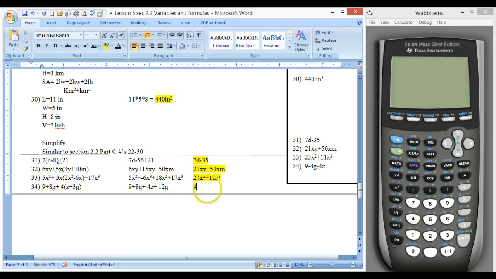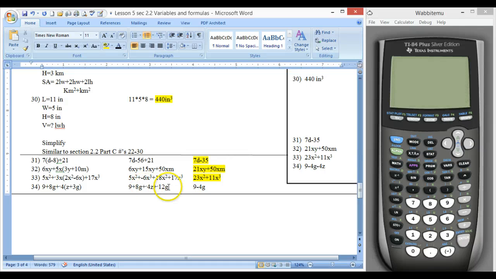Positive 8 and negative 12 give me a negative, so I'm going to put plus negative 4g. Or if you don't like that, you can just write minus 4g. It's up to you, whatever you prefer and feel comfortable with.